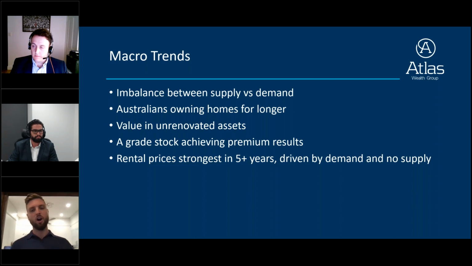Essentially, when a home is sold these days, it's unlikely we're going to see that same property back on the market for a very long period of time, which continues to put a constraint on supply. And usually, the more premium the market, the longer they hold their properties for. Hence the reason we're seeing the upper end of the market.